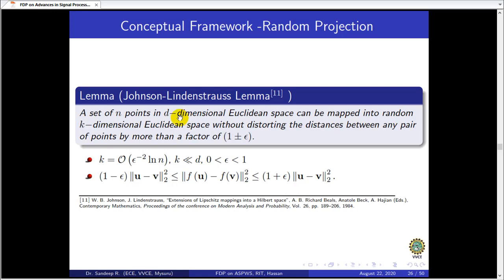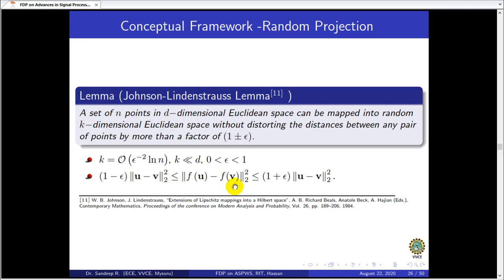D represents higher dimensional space, K represents lower dimensional space, N represents the number of points. Epsilon can be treated as the error. So K is in the order of epsilon to the power minus 2 natural log of N, where K is very much less than D and epsilon lies between 0 and 1. And this U minus V, here we are trying to say that this is the L2 norm square between the points in the high dimensional space, that is L2 norm square between U and V. F of U, F of V represents the points which are mapped from high dimensional space to low dimensional space.